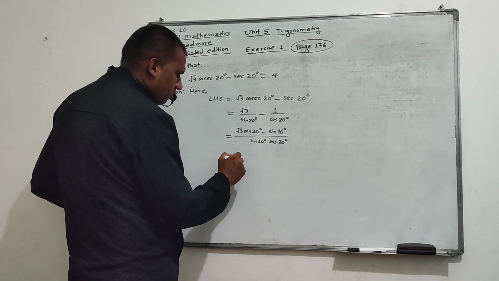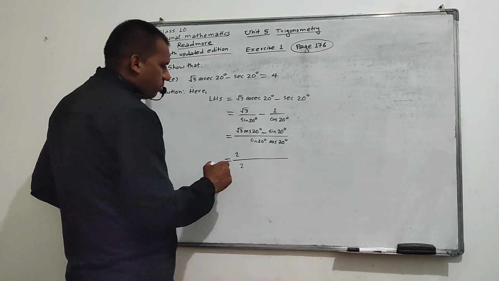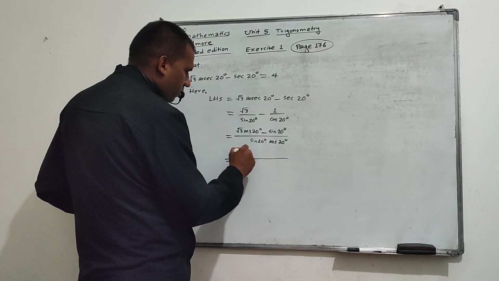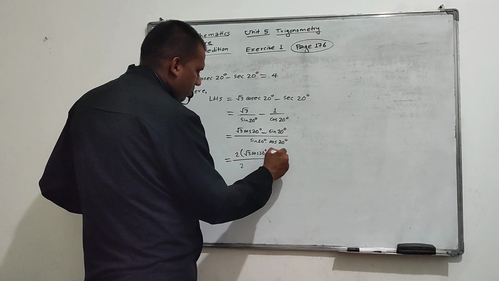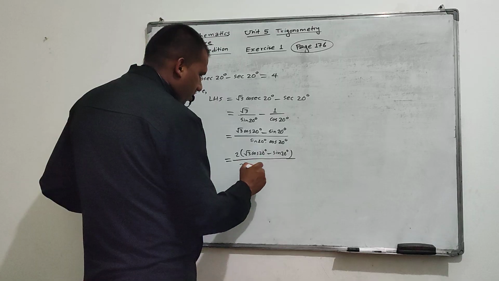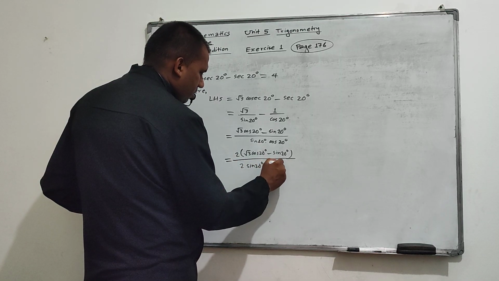Now putting 2 on both numerator and denominator, 2 times root 3 cos 20 minus sin 20 upon 2 sin 20 cos 20.